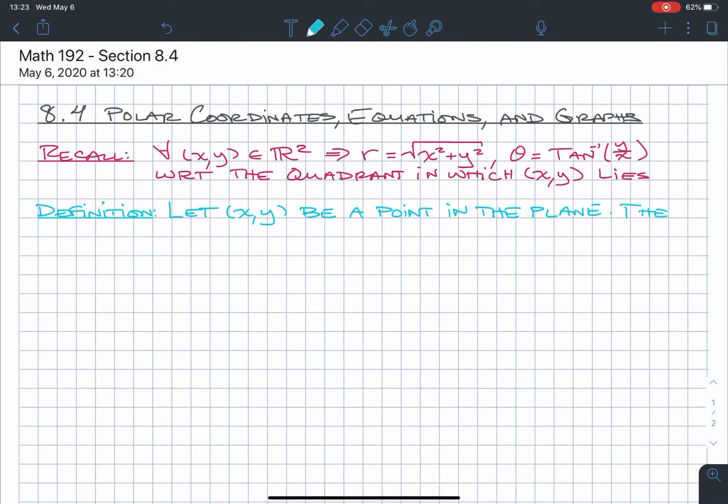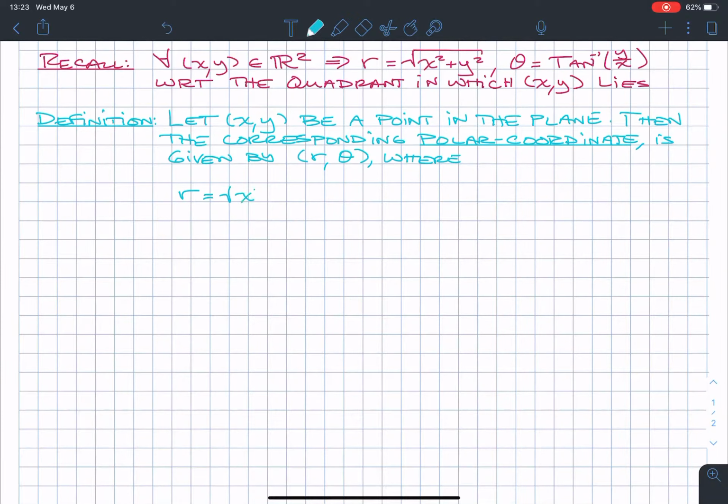Then the corresponding polar coordinate, that's what we're defining, meaning the same point but given in polar form, is given by (r, theta), so radius, angle, where, of course, the radius is the square root of the sum of the squares of the components x and y, and theta is the inverse tangent of the quotient y over x with respect to quadrant.